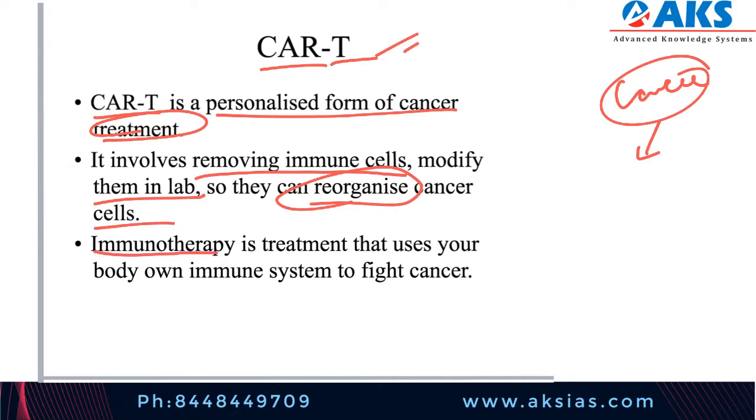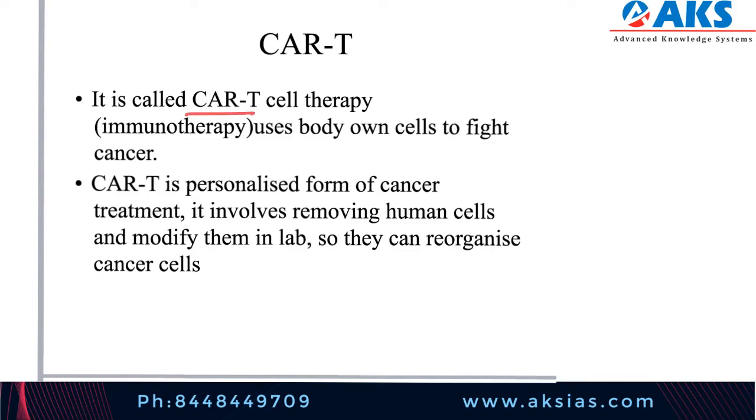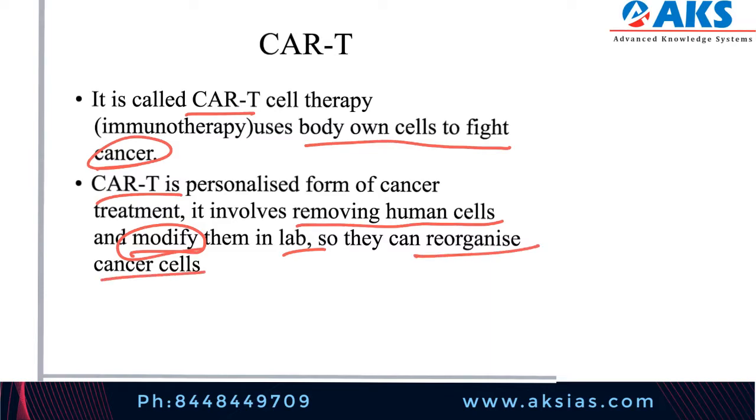Immunotherapy is a treatment that uses your body's own immune system to fight cancer. It's called CAR-T cell therapy because it uses the body's own cells to fight cancer. It involves removing cells and modifying them in the lab so they can recognize cancer cells.